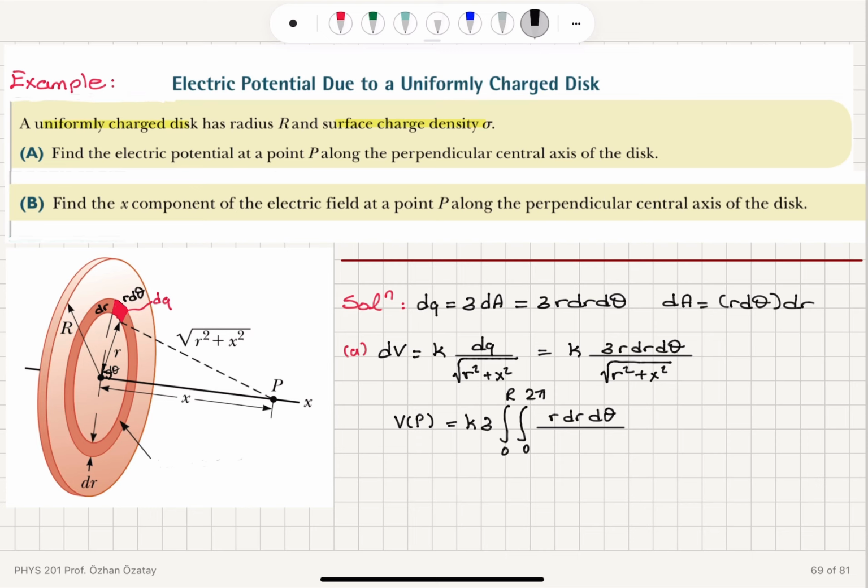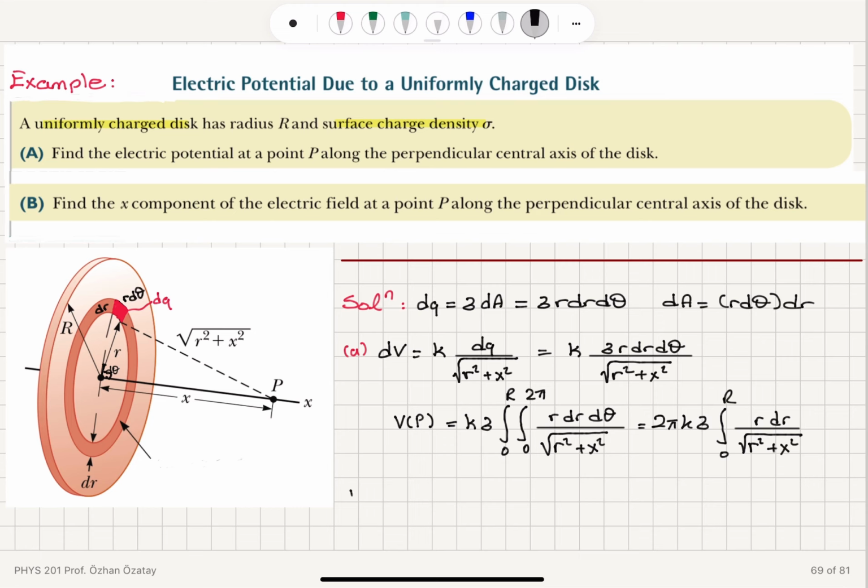And then I have the distance square root of r square plus x square. So the integral over the angle theta will just give me a factor of 2 pi. So this will be equal to 2 pi k sigma integral from 0 to capital R, r dr divided by square root of r square plus x square.